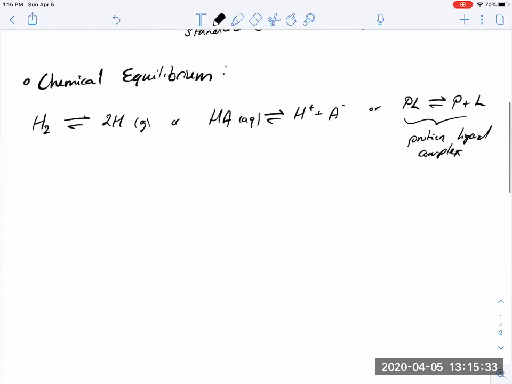And so let's go back through the simplest example, just this H2 gas dissociating into 2 hydrogen atoms.